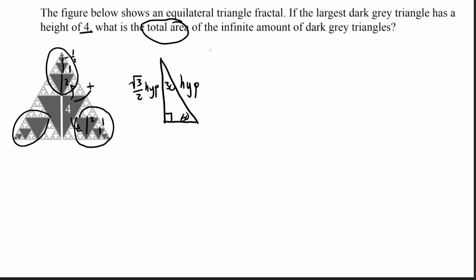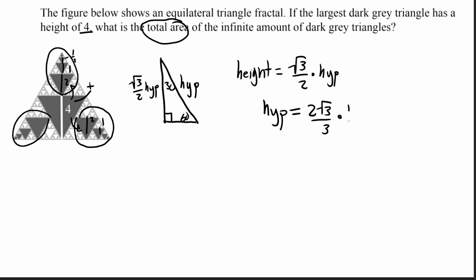So what we can do is we can say height equals √3/2 times hypotenuse, and then solving for hypotenuse, we get hypotenuse equals 2√3/3 times height.